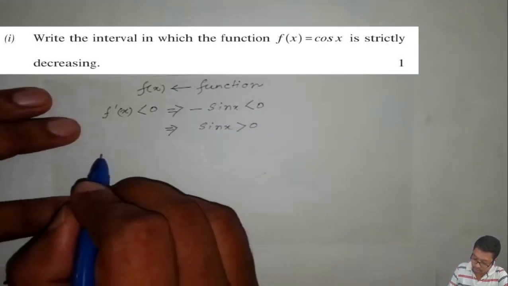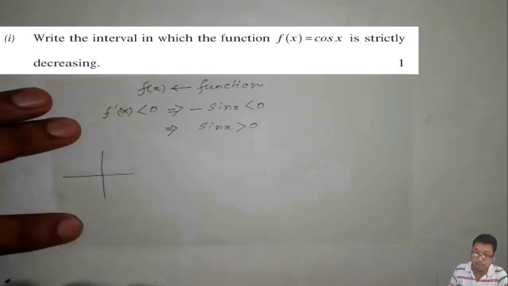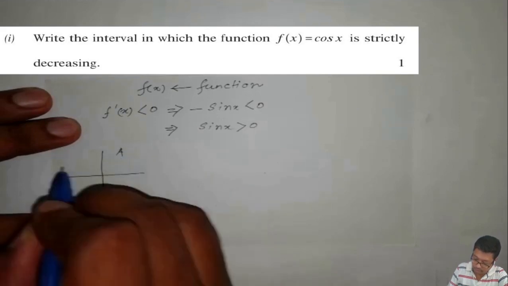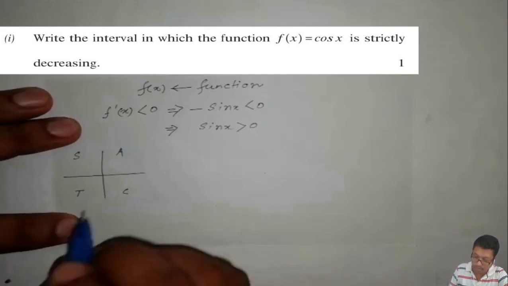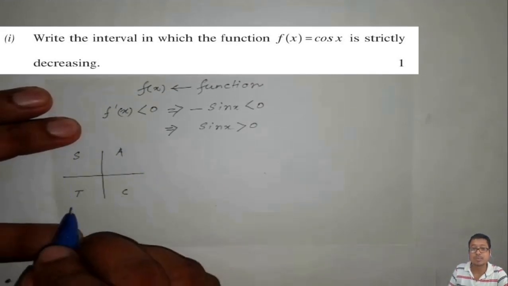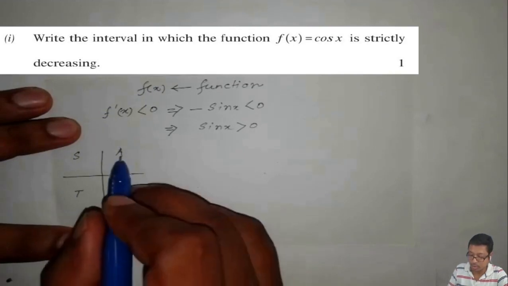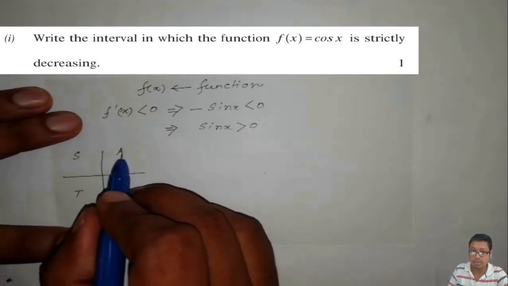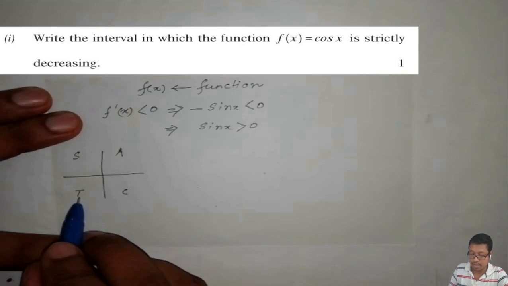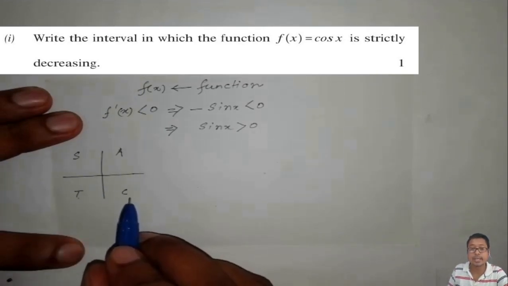Now let me consider these 4 quadrants, and I think you all know the ASTC rule. I remember it by taking Assam State Transport Corporation. That means all trigonometric ratios are positive in the first quadrant. In the second quadrant, sine and its reciprocal are positive. In the third quadrant, tan and its reciprocal are positive. In the fourth quadrant, cos and its reciprocal, that is sec, are positive.